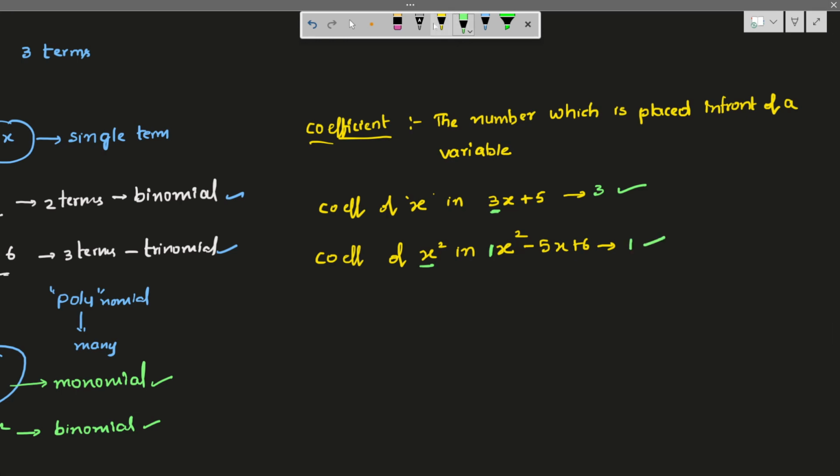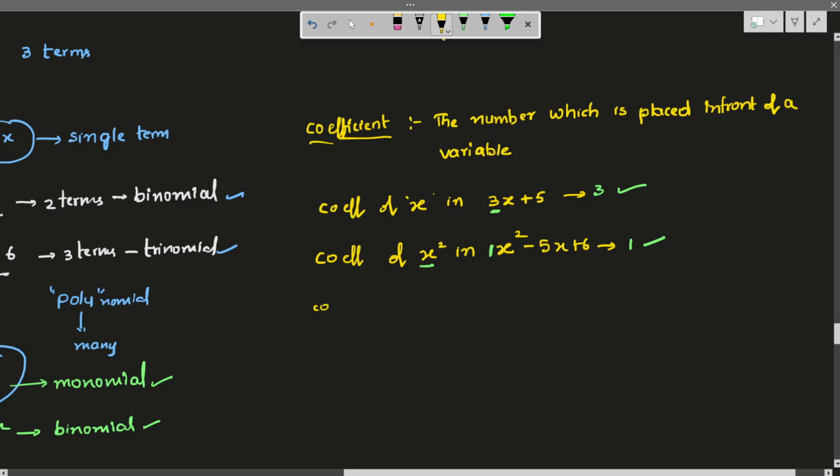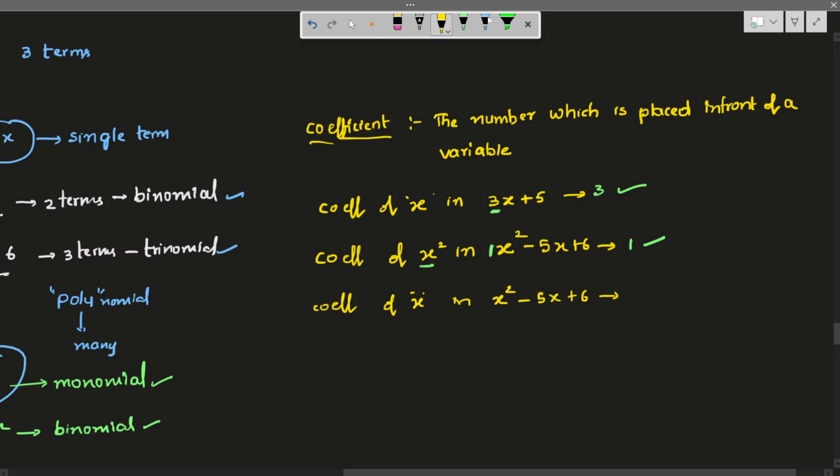Now if I ask you what is the coefficient of x in the same equation, the answer is minus 5.